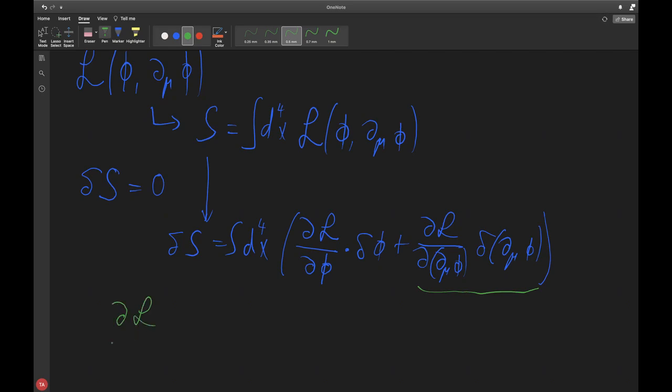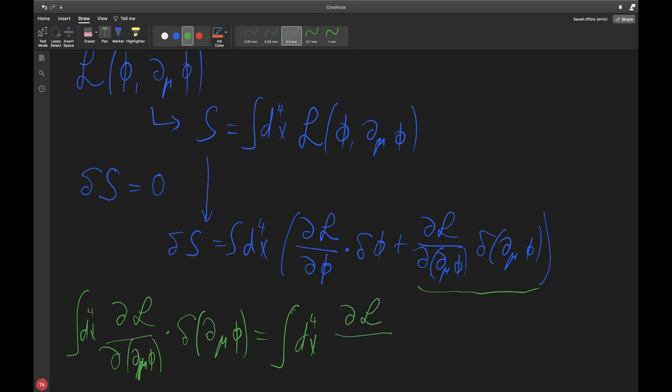So the derivative of the Lagrangian by the derivative ∂_μ of phi, multiplied with the variation of the derivative of the field, is the same as, I will also just include the integral d^4x, writing the integral of the derivative of the Lagrangian density by the derivative of the phi field, and take out the ∂_μ and have δφ here.